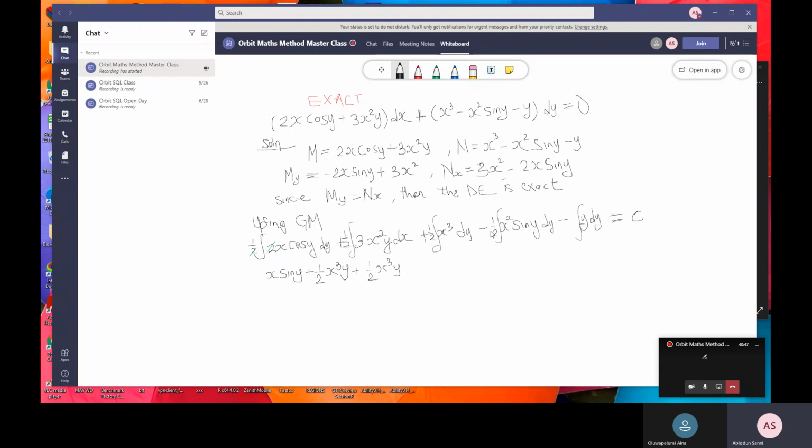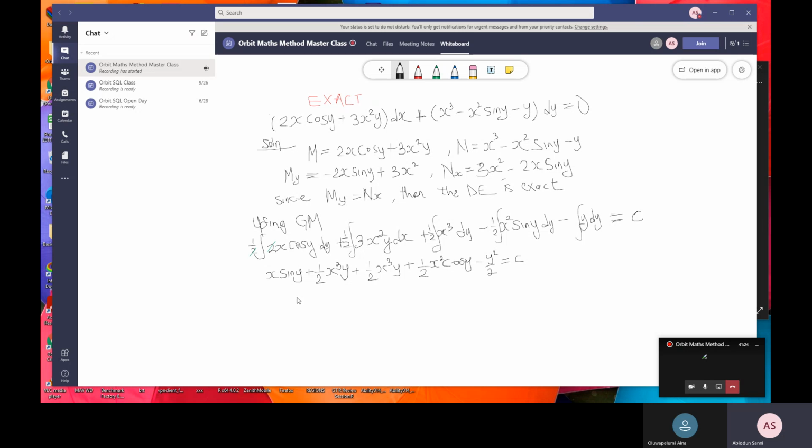So that minus is going to affect this minus half that I have, so I have plus half x squared cos y. Plus y like this. Here minus integrate y with respect to y, I will have y squared over 2. Is equals to c.